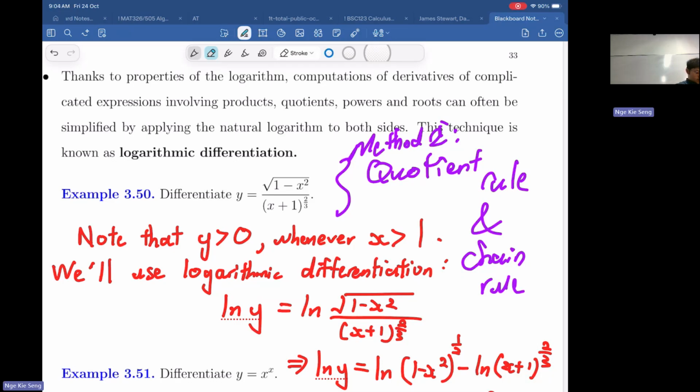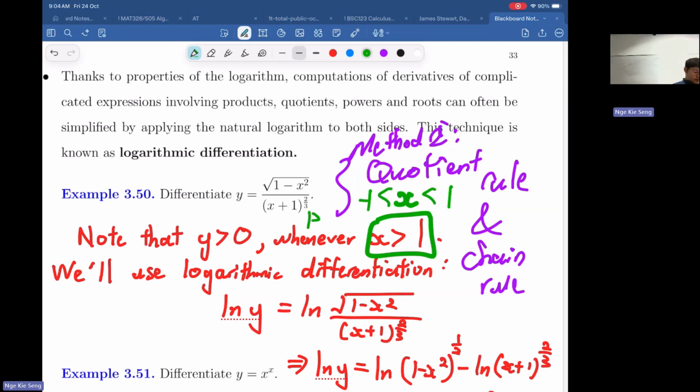Okay, so in that case, we should change it to x is in between -1 and 1, which means the modulus of x is less than 1 actually. And these two are the same. Well, y is still defined if x is equal to 1 or -1.